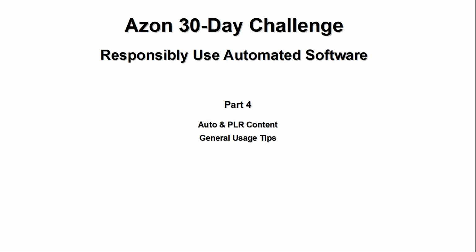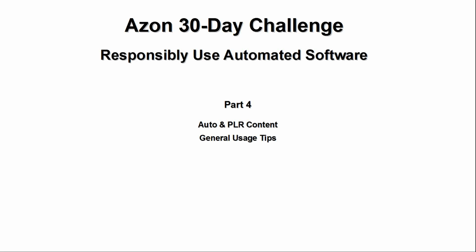The final thing that I want to talk about in this class is simply my general usage tips and recommendations for automated, and this can even apply to PLR content in general.